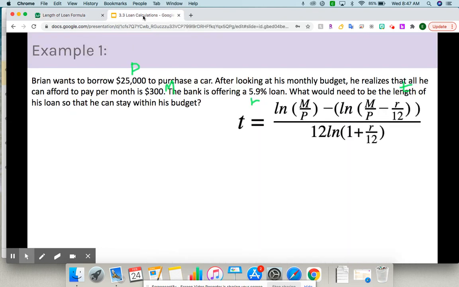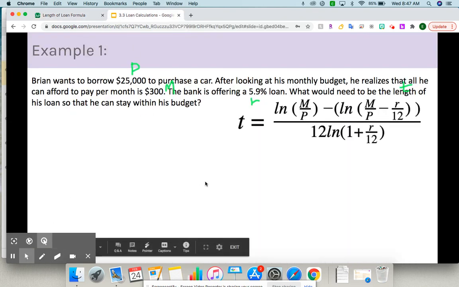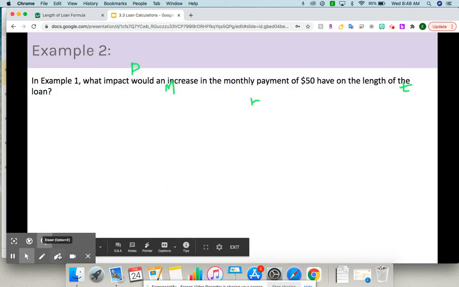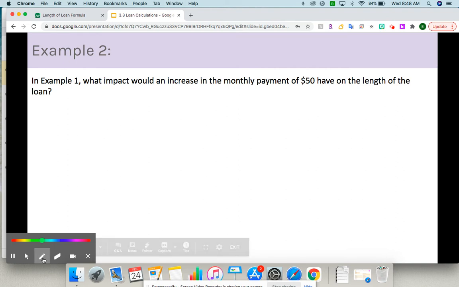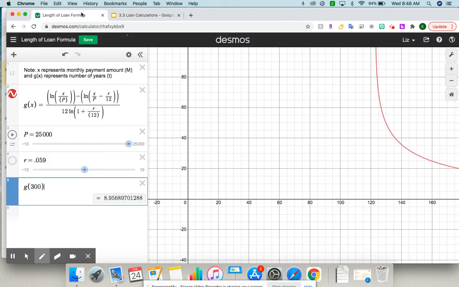Looking at example number 2, what impact would an increase in the monthly payment of $50 have on the length of the loan? So instead of paying only $300 a month, how would this change if it was $350?